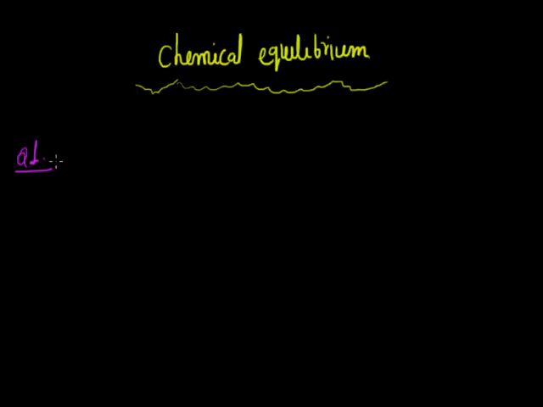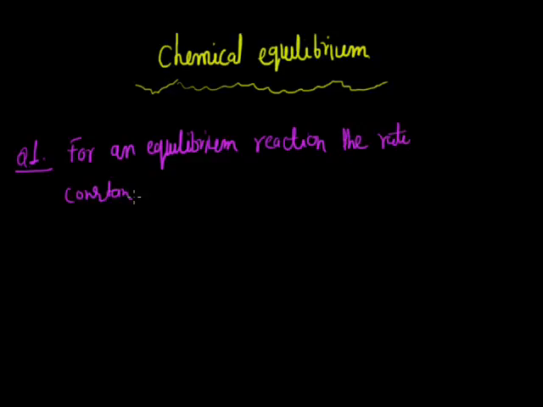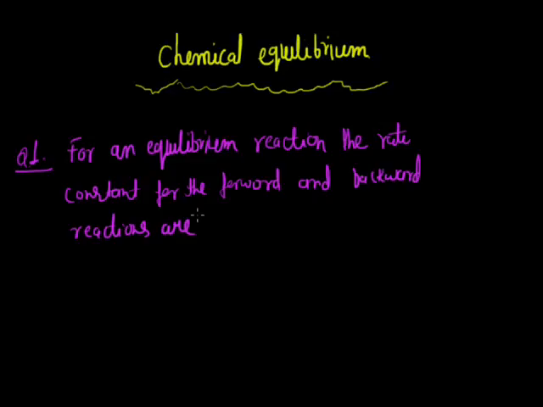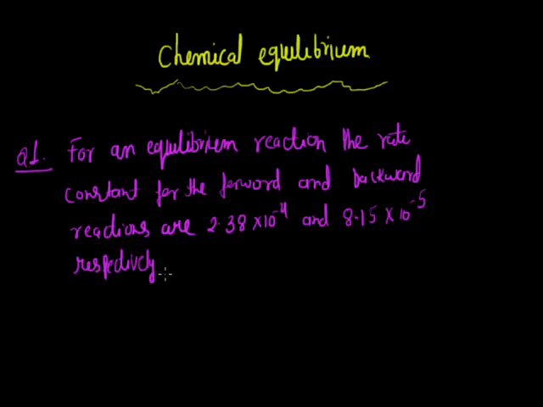Now the first problem is: for an equilibrium reaction, the rate constants for the forward and backward reactions are 2.38 × 10^-4 and 8.15 × 10^-5 respectively.